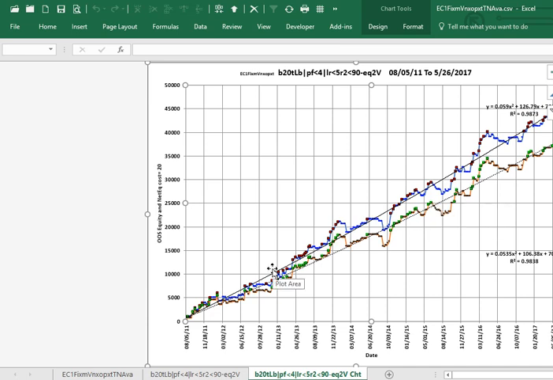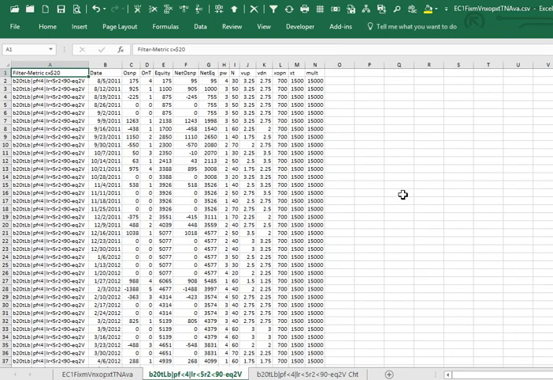I fitted a second-order polynomial to both these lines, and as you can see, the R squared is very, very high. This also gives you what each out-of-sample trade is for each particular week.